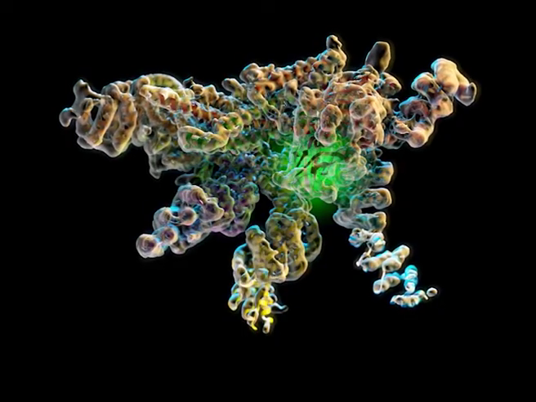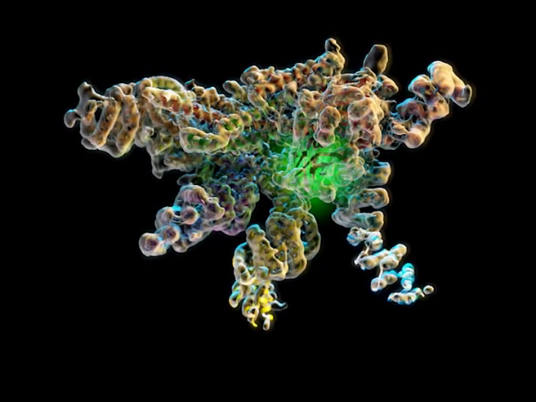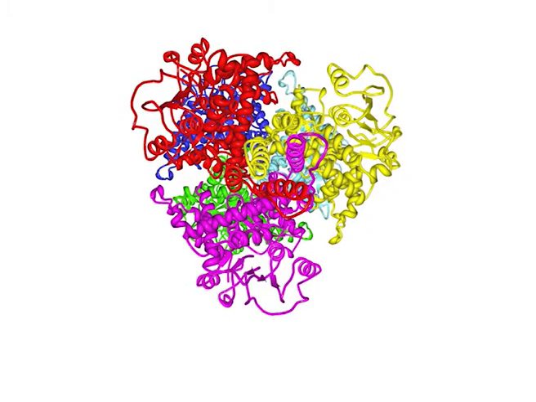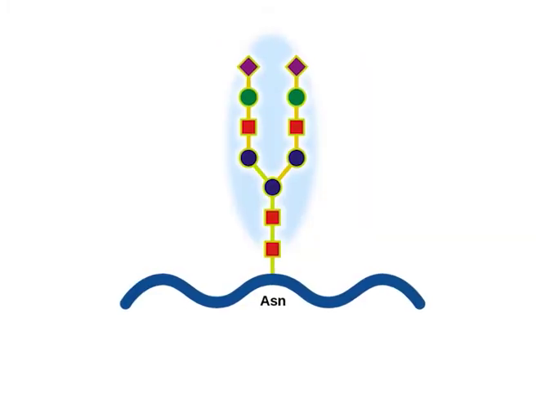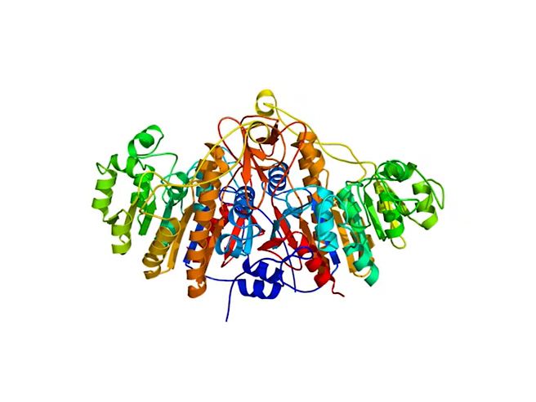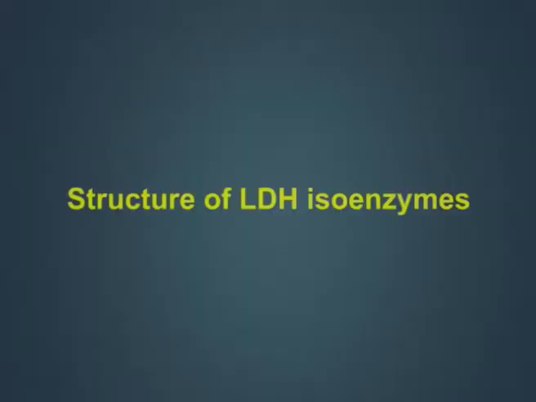An enzyme may be active as a monomer or oligomer. Example, glutamate dehydrogenase. In glycoprotein enzymes, differences in carbohydrate content may be responsible for isoenzymes. Example, alkaline phosphatase. Structure of LDH isoenzyme.